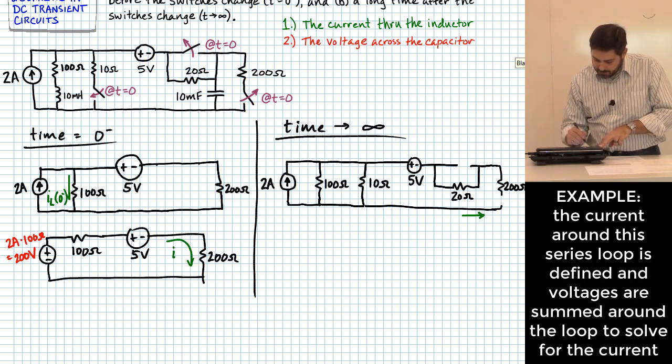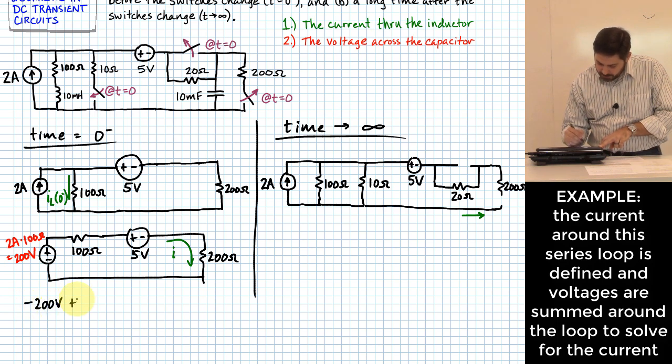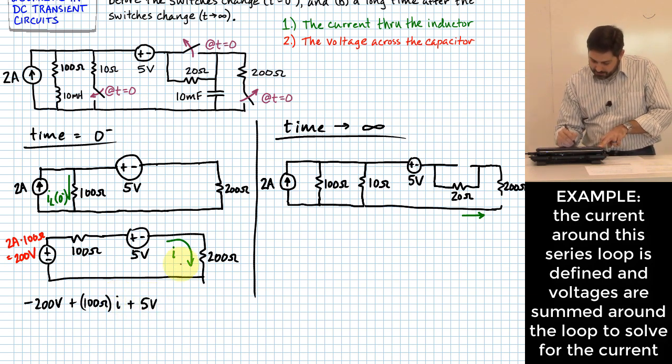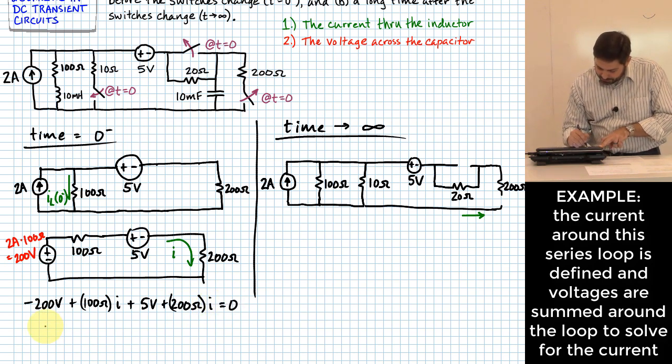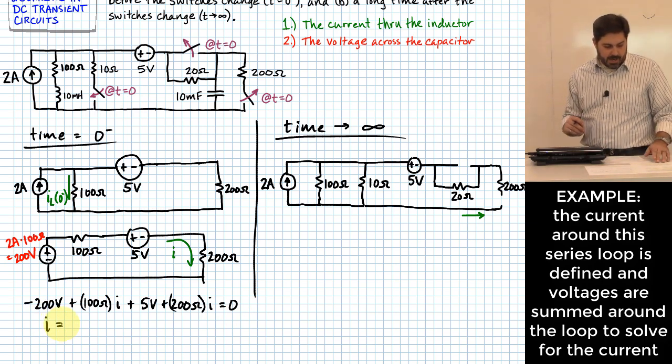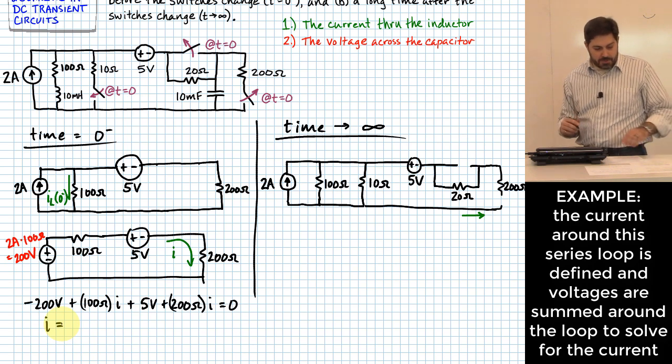We can find it by summing voltages. I can take minus 200 volts plus the voltage across the 100 ohm resistor, which is 100 ohms times I, then plus 5 volts, and then plus 200 ohms times I. And all that has to be equal to 0. I can solve that for I. When I do that, I becomes 0.65 amps.